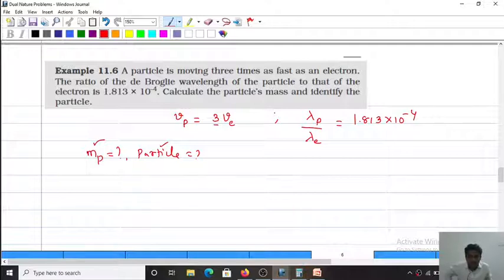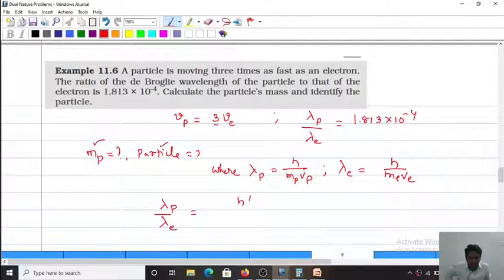Now I'll find this relation: lambda p is equal to h by mp into vp, and lambda e is equal to h by me into ve. So we can write lambda p by lambda e is equal to h by mp vp divided by h by me ve, that is equal to me ve by mp vp.